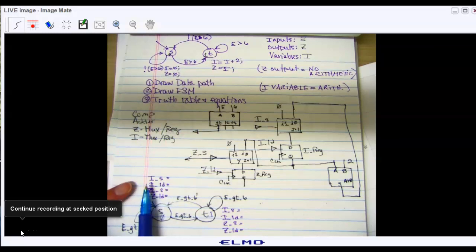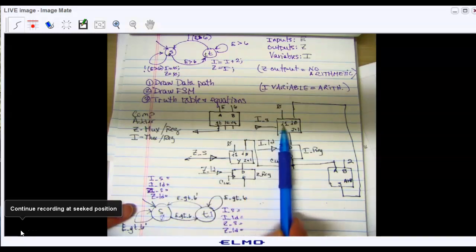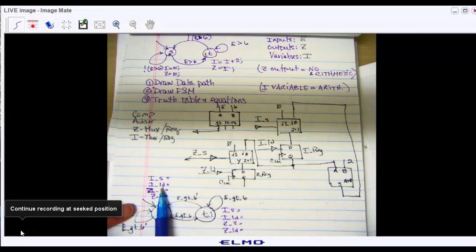So the variables that we're using in our finite state machine are I_S for the S's mux input, I_load for I's register load input, Z_S for Z's mux, and Z_load for Z's register. So these four values are control bits that are outputs from the controller inputs into the data path. And that's what gets determined by the combinational logic that we're going to come up with next.